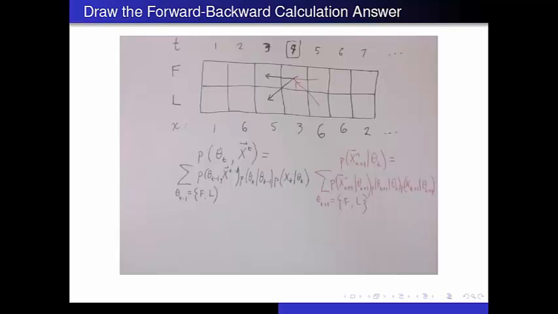And one kind of intuitive way of making sense of all this is just to go back to what is the meaning of the forward-backward algorithm. It's basically the posterior probability of a specific state.